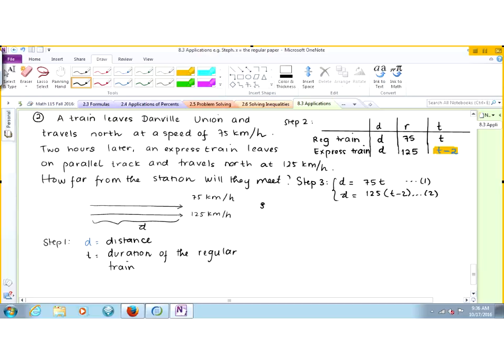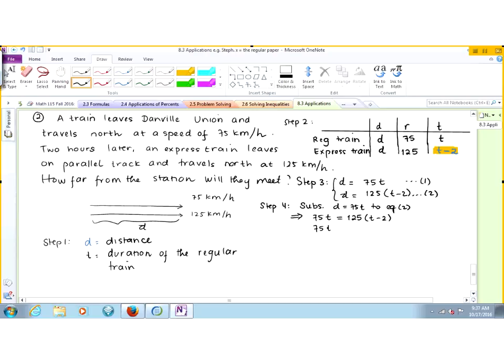Okay, good. Yeah. Now step 4, we will solve. Okay, substitute D equals 75T to equation 2. So 75T is equal to 125 times T minus 2. Is that right?